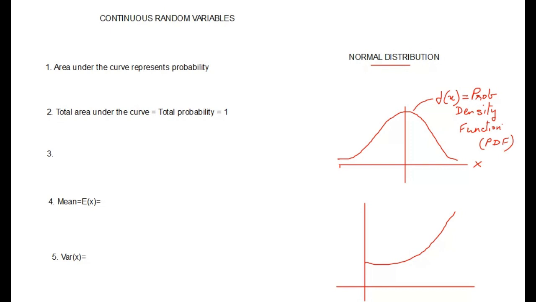So the first property is, if I wanted to calculate the probability of x lying between x1 and x2, I would have to find this area under the curve. This area is the probability of x lying between x1 and x2.